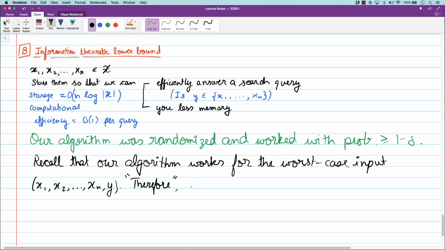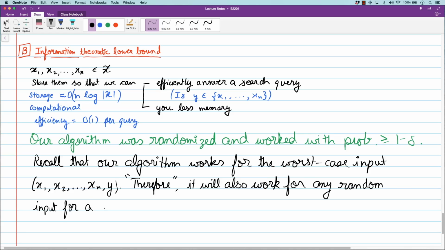Therefore, it will also work for any distribution, any random input, for a distribution of our choice.